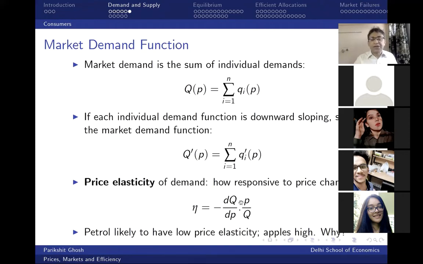This is a measure of quantity response when the price of the good itself changes. Okay, there are different conventions, so we'll follow the convention. We'll put a minus sign in front. That's because this ratio is typically negative if the law of demand is valid, and so putting a minus sign makes the whole thing positive. So whatever number we calculate for specific markets and demand functions will always come out positive.